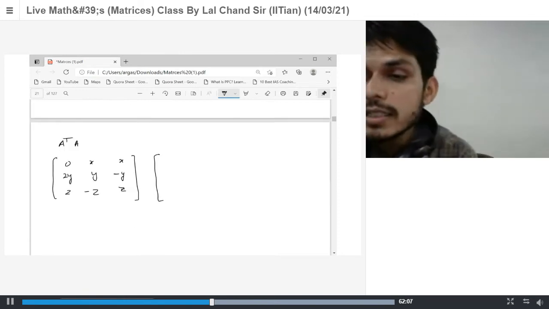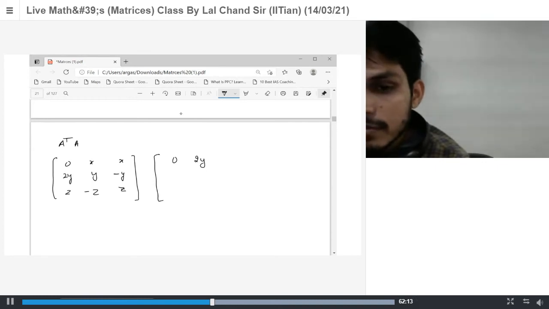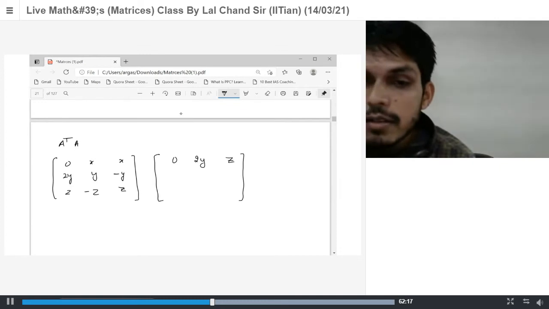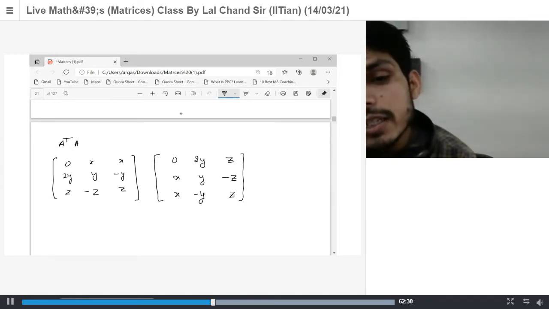So A matrix is 0, twice of y, z, and I have x, y, minus z, x, minus y, z. Okay, so here I have a matrix 3 cross 3 and this is also 3 cross 3.